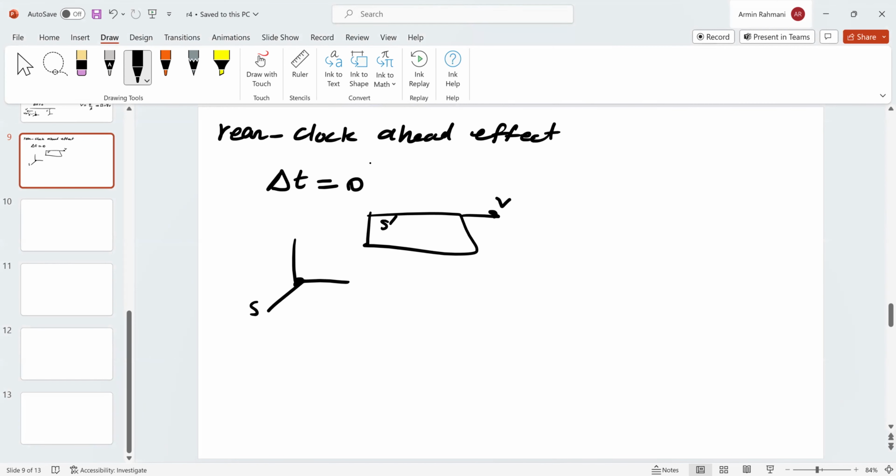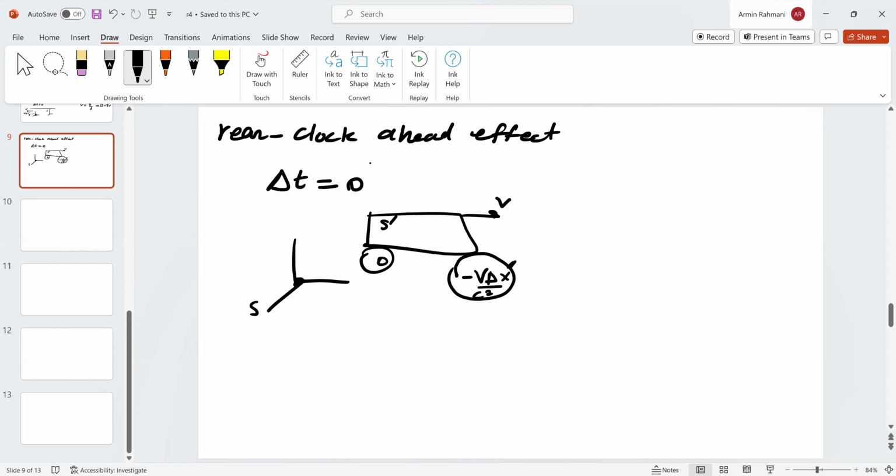So the rear ahead, so let's say that's 0. So the front must be behind, and that's behind by minus v, that separation, which is in the primed frame, in the frame moving with the train, over c squared.